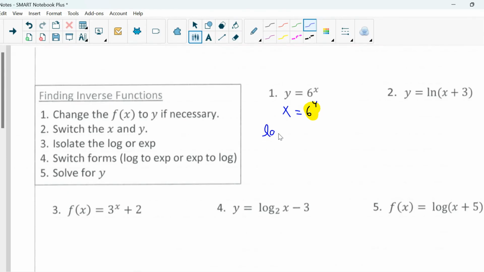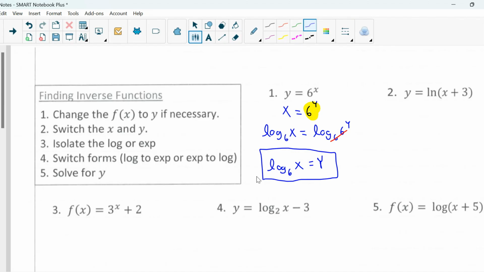So, on my left side, I've got log base 6 of x. And on my right side, I have log base 6 of 6 to the y power. I use this log because then ultimately, on my right side, it's going to cancel out, leaving me with y. And on my left side here, there's really nothing I can do. So I'm left with log base 6 of x equals y, which would be my final solution.